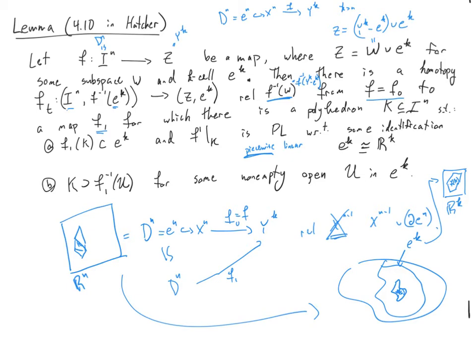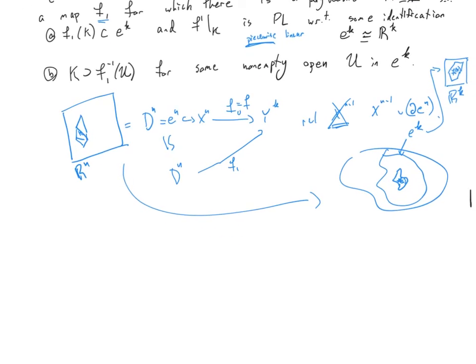Okay, and then the other important feature is that there's some bit of EK which is missed. So now to make sense of the second one, I need to boost dimension a little bit. So let's go down a little. So here we're really assuming that we're mapping from some low dimensional thing.